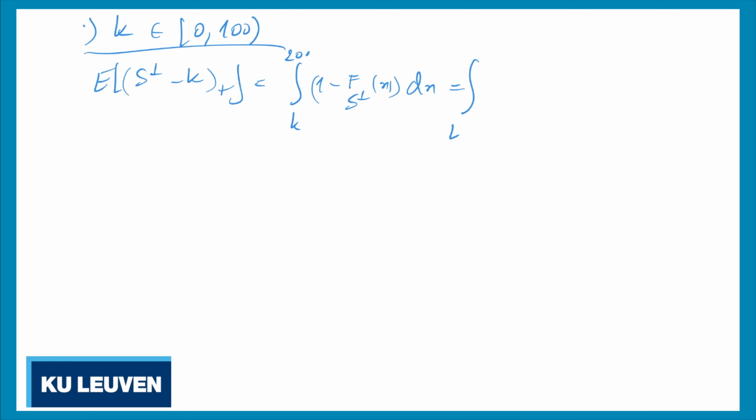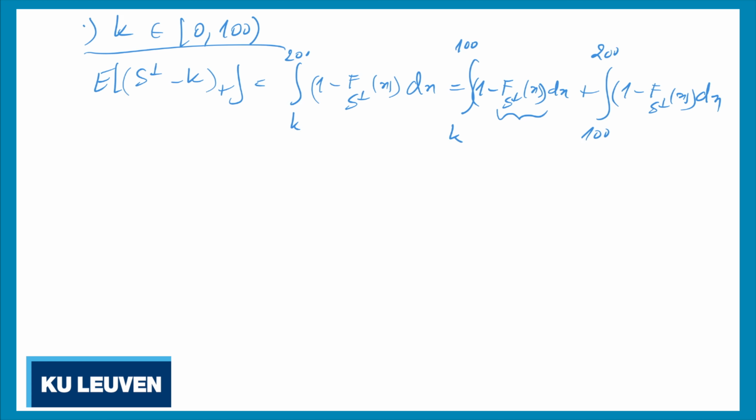We first go from k to 100, because we know that k is smaller than 100, 1 minus the CDF. And then we go from 100 to 200, 1 minus the CDF, because now my CDF is constant in both intervals.